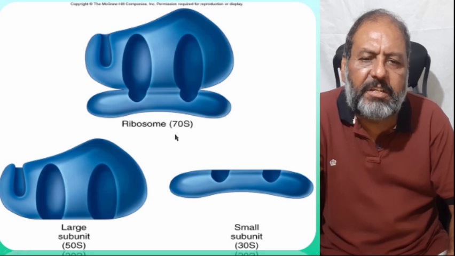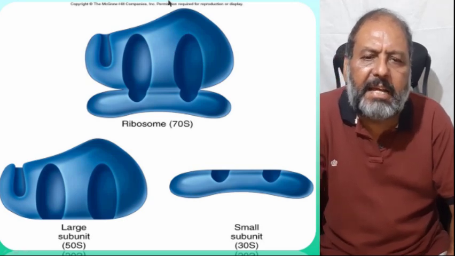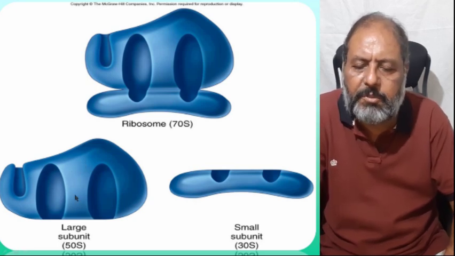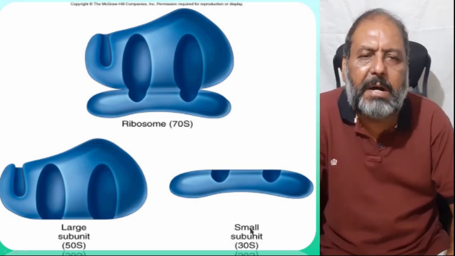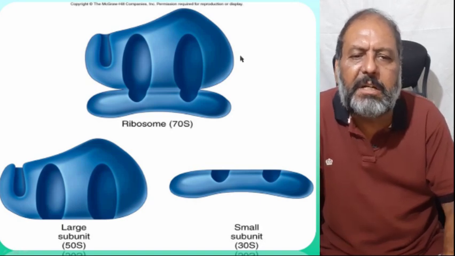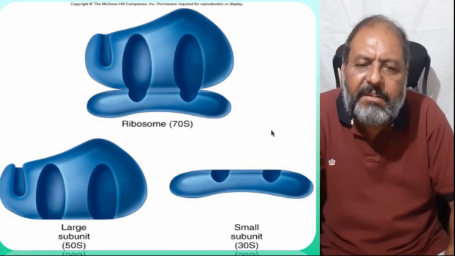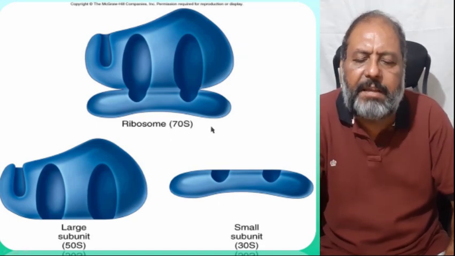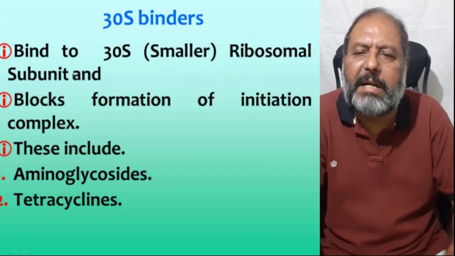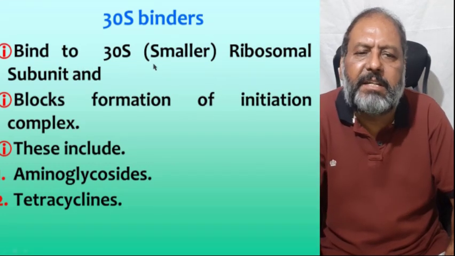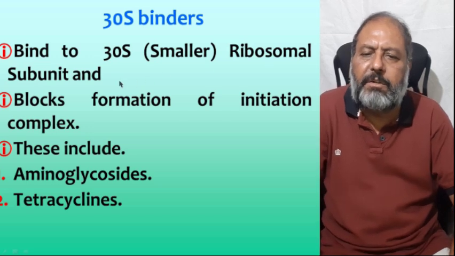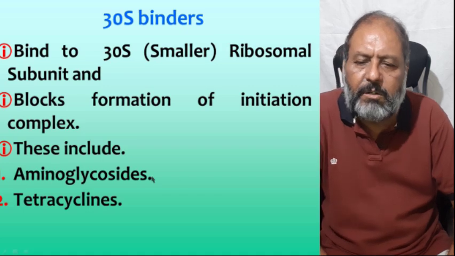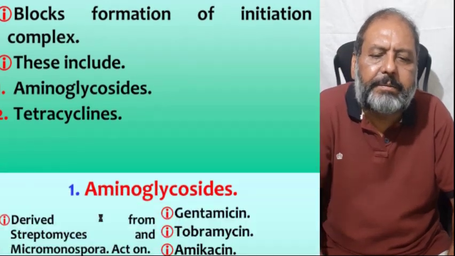And here one can see the 70S ribosome, with the large subunit made of 50S and the small subunit made of 30S, collectively called the 70S ribosome, while in humans the ribosomes are 80S. The 30S binders bind to the smaller 30S ribosomal subunit and block formation of the initiation complex. These include aminoglycosides and tetracyclines.